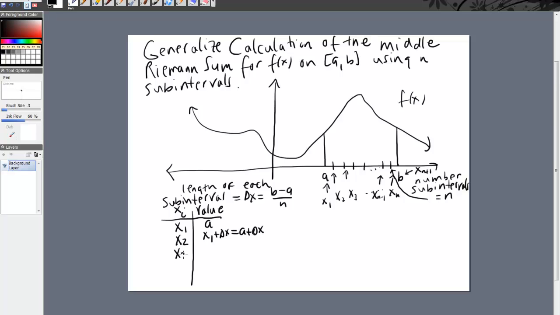x sub 3 is x sub 2 plus delta x, which you can show as a plus 2 times delta x.